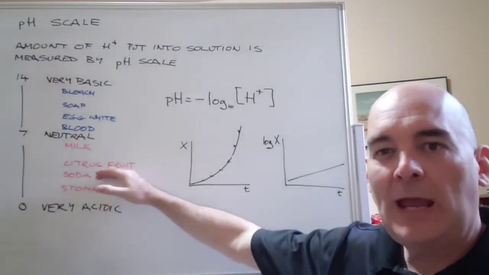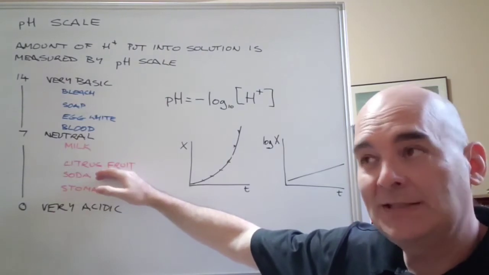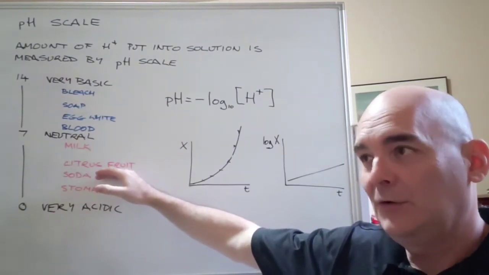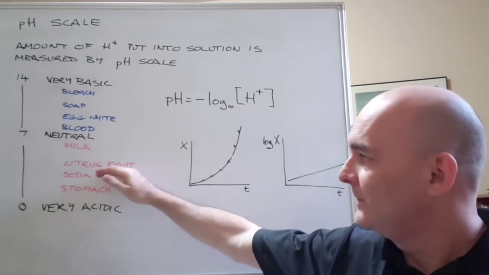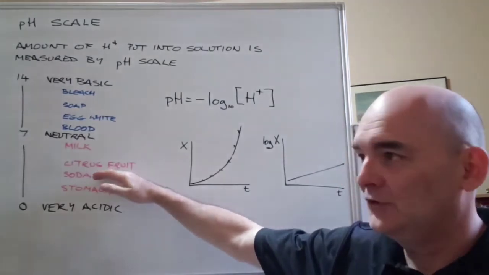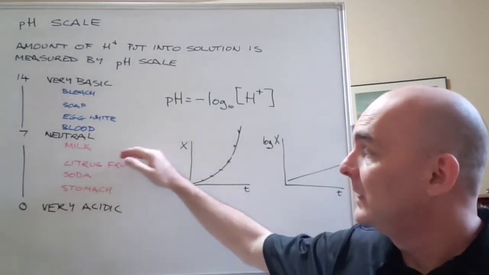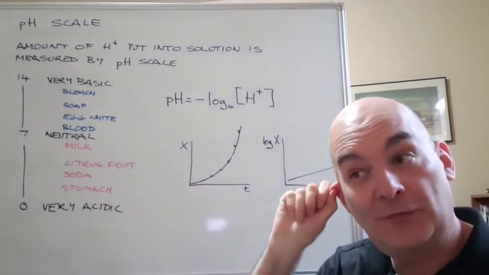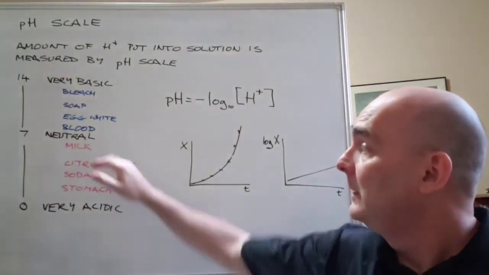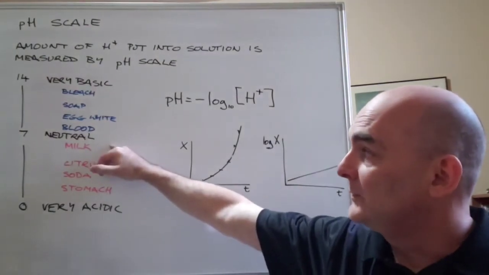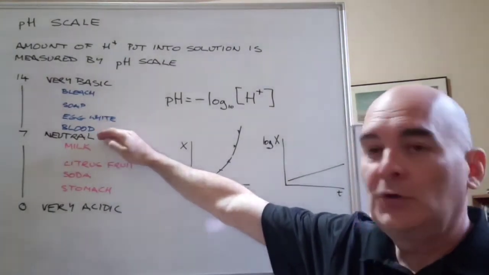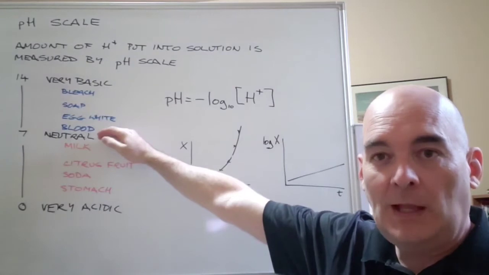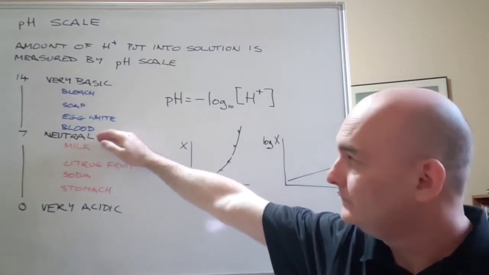Depending on how much phosphoric acid and citric acid is in your carbonated beverage, your soda might have a pH of 3 or 4. The fruit juice that you're drinking might have a pH of 4. Milk has a pH of around 6. Pure water has a pH of 7.